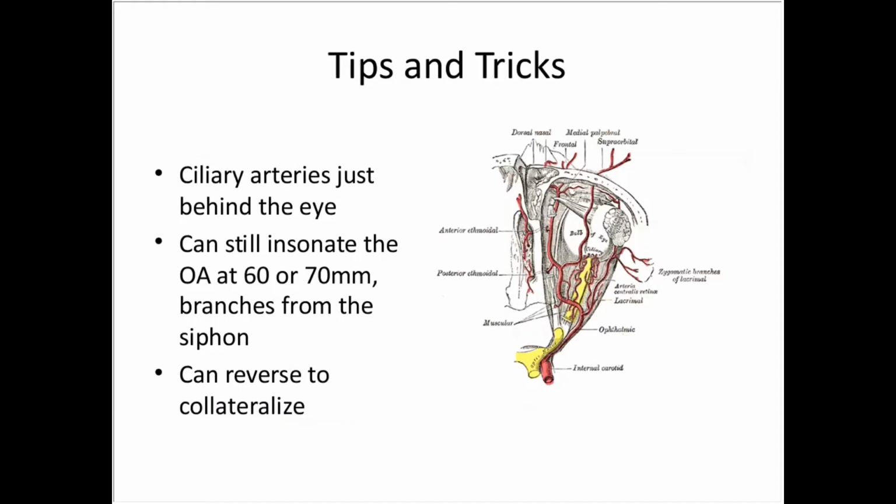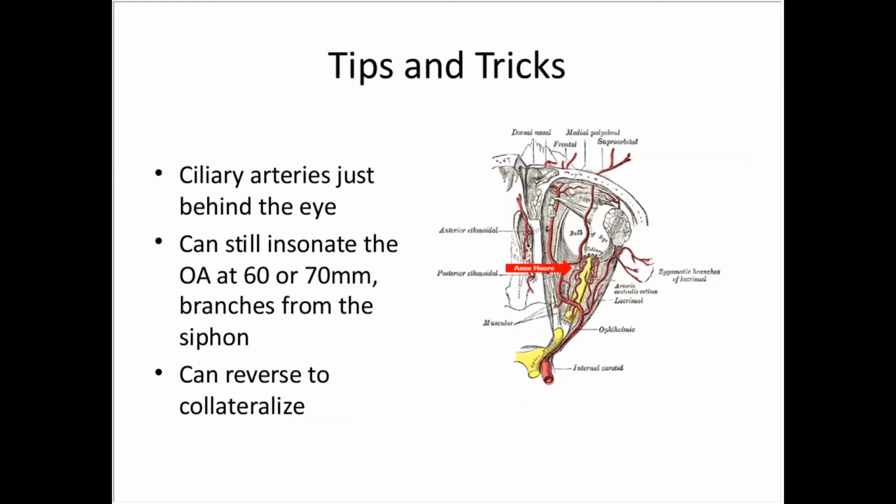So if you can't find the ophthalmic, what I really do recommend is just go to a depth of 60 or 70 and locate the siphon. Because as you can see in this diagram, there are these ciliary arteries right behind the eye. And if you bring your depth shallower, you may pick up one of these arteries, which you can see look a little tortuous, and you may misidentify the ophthalmic for the ciliary artery and possibly even being reversed.